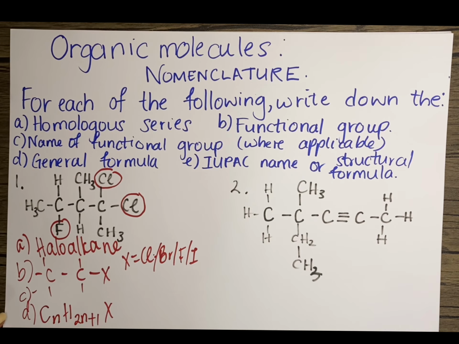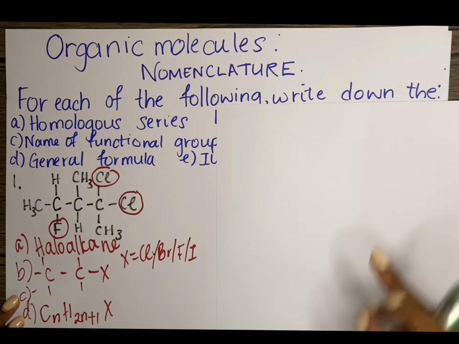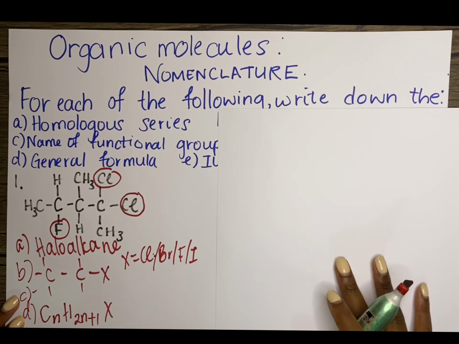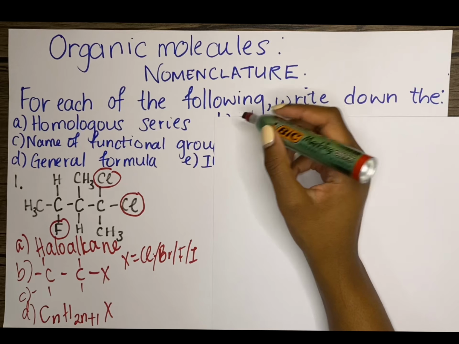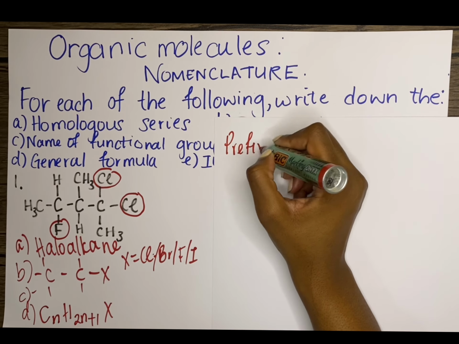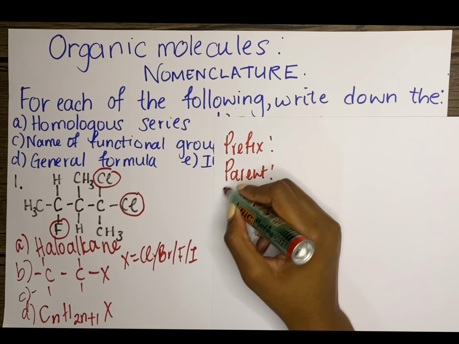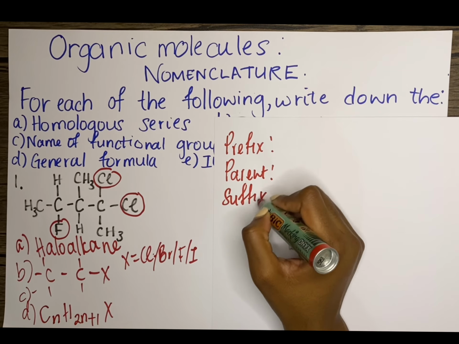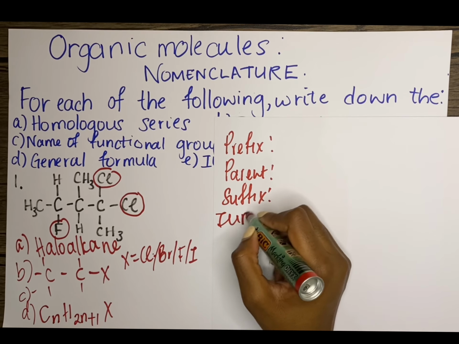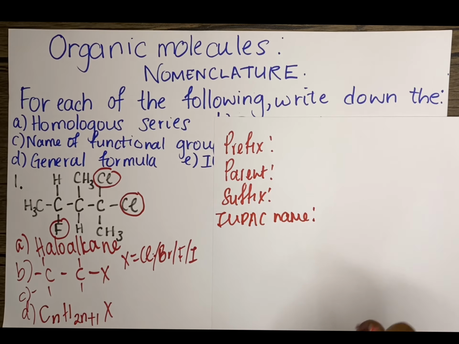So if we are to name, I always break it down into the prefix, parent chain, suffix, and then writing down the full IUPAC name, right?